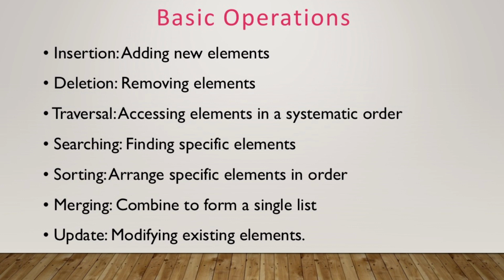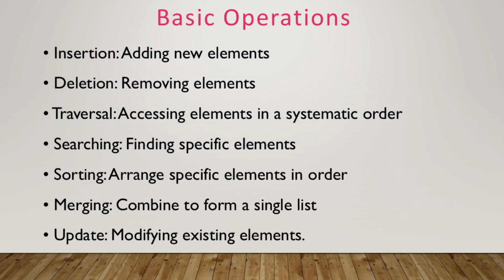Traversal means accessing elements in a systematic order, like moving from one part to another, one by one. Okay, and then we have searching, when you want to find some specific elements in the data structure.